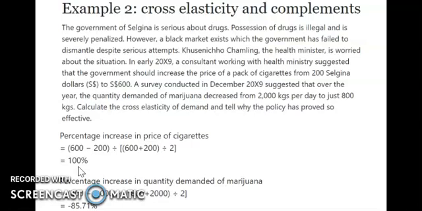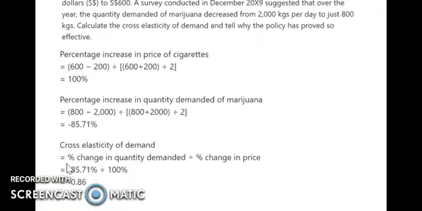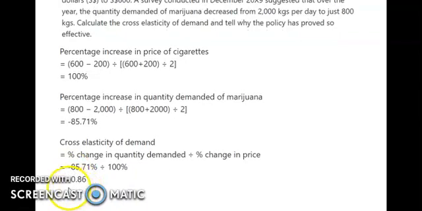And cross elasticity says percentage change in quantity demanded divided by percentage change in price. So our answer will be negative. If it's a negative answer, we know it's a complementary good. It goes together. Marijuana and cigarettes go together.